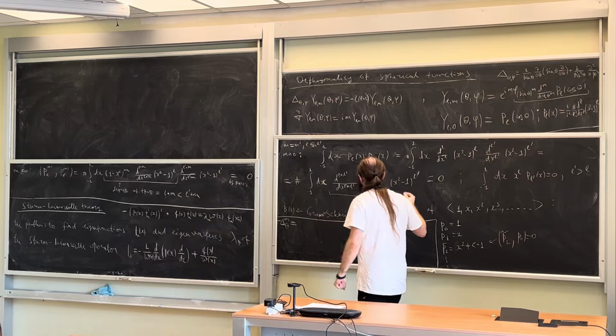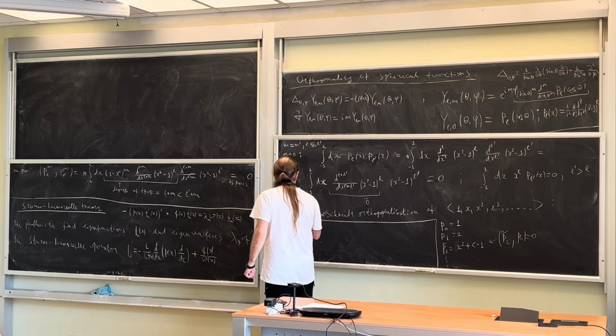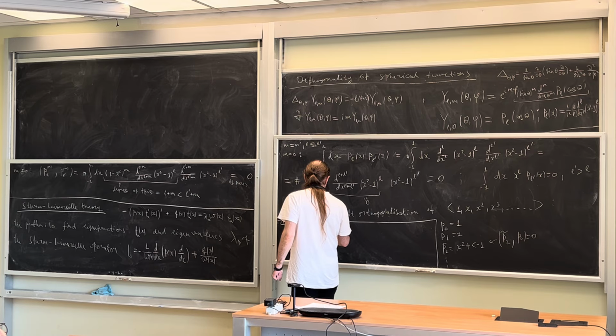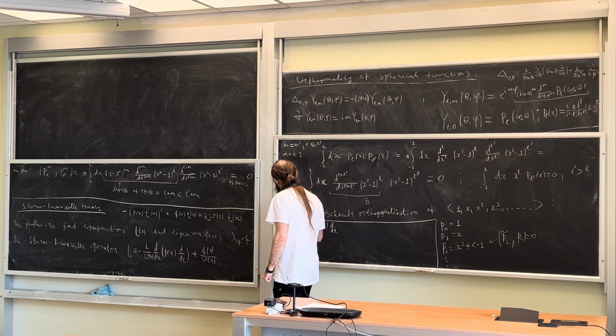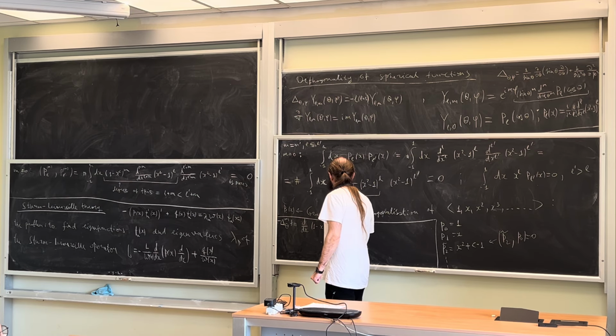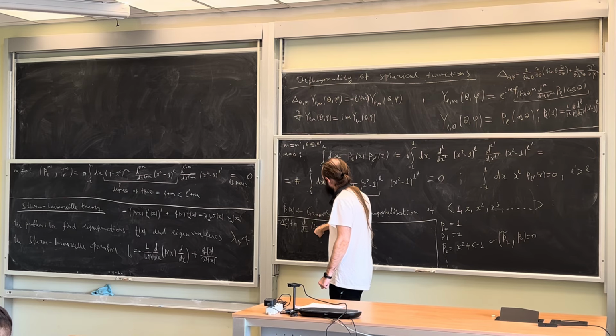This will be, in these coordinates, d in dx, 1 minus x squared, d in dx, maybe let us act on some function. Then this operator acts on a function, and then we multiply it, and then differentiate again.